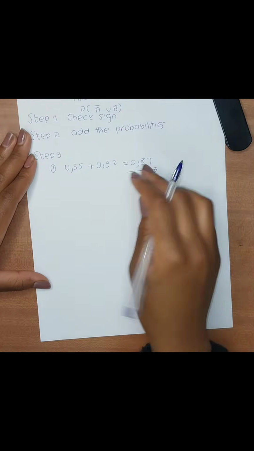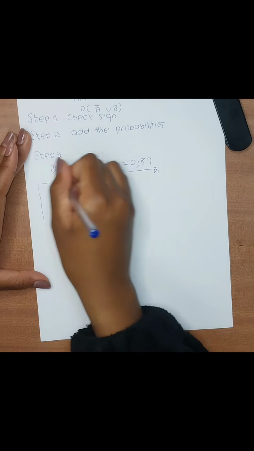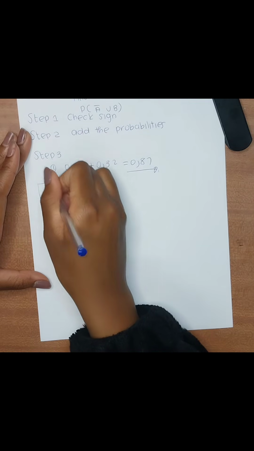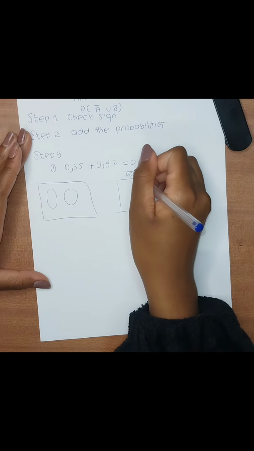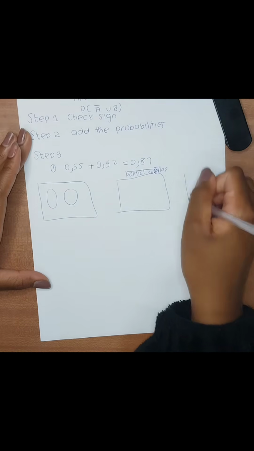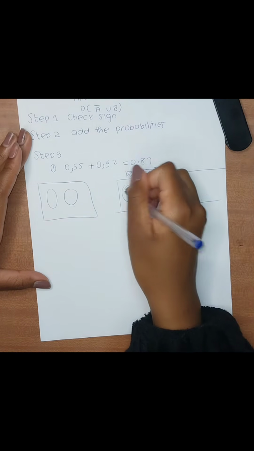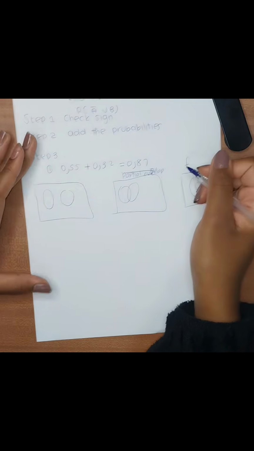Whenever your amount is between 0 and 1, there's a possibility that it is mutually exclusive. So you will have your options: mutually exclusive, you will have your partial overlap, and you will have your full overlap. Your partial overlap will be something like this, and your full overlap will be this.